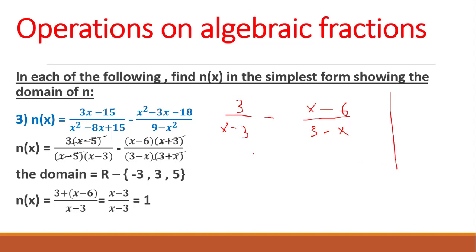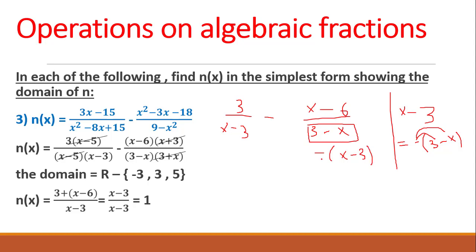Okay, here we have x minus 3, and here we have 3 minus x, and we know that 3 minus x is the same as x minus 3 multiplied by a negative sign, because it will be negative x and positive 3. So instead of 3 minus x, I write negative x minus 3.